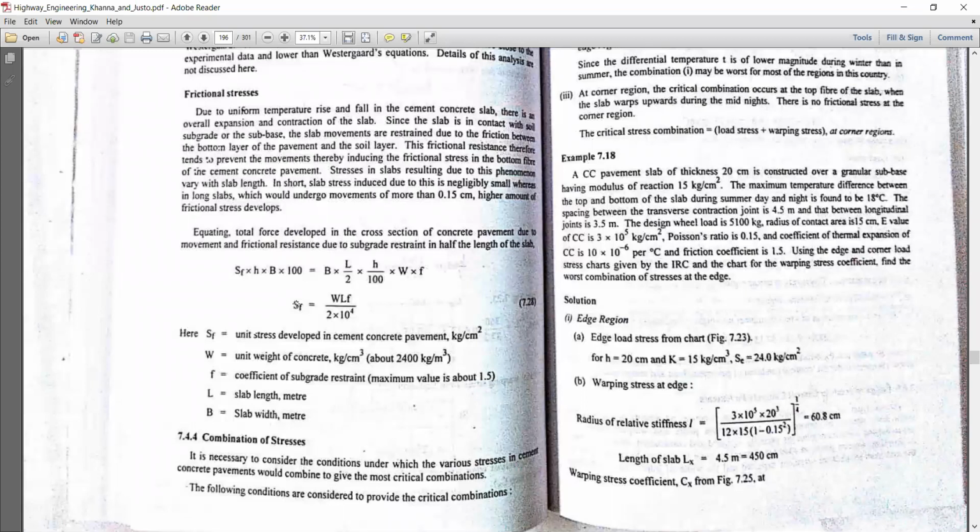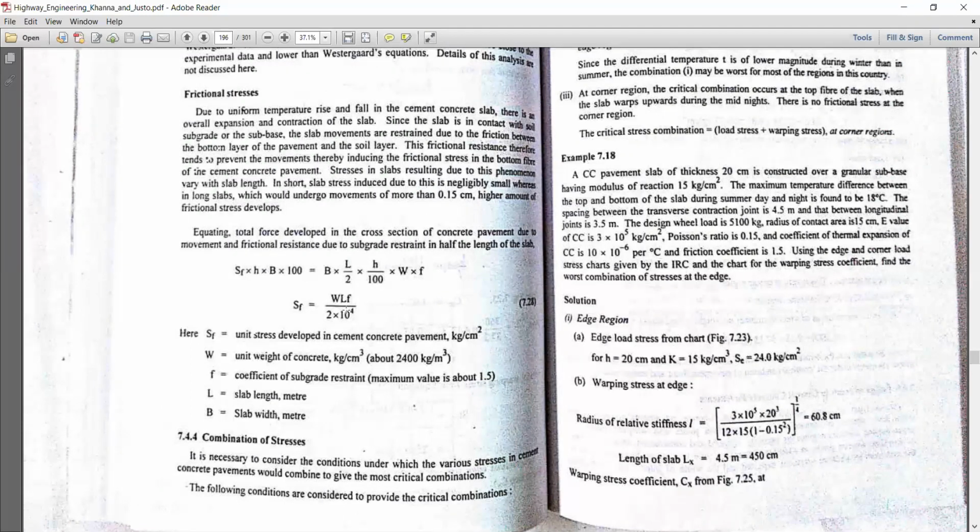Here, they consider the total width of the road and half the length of the slab. Suppose the concrete slab has a width of 3.5 meter and a length of 7 meter. Then we consider 3.5 by 3.5, equate it, and get the frictional stresses.